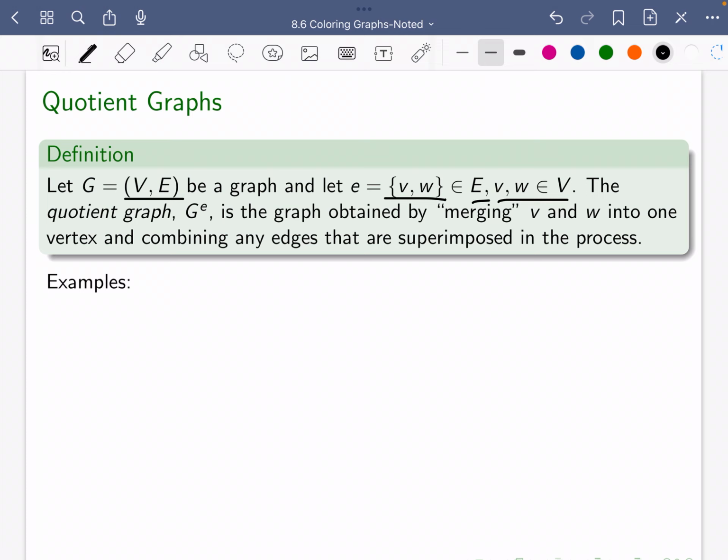The quotient graph, G/E, is the graph obtained by merging V and W into a single vertex and combining any edges that happen to be superimposed in the process. So let's say that we have some graph G here.